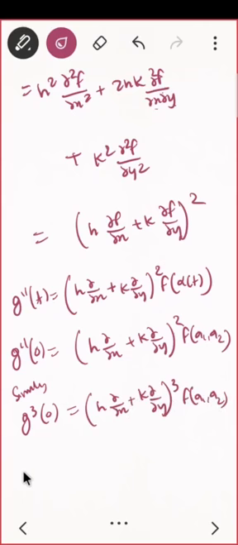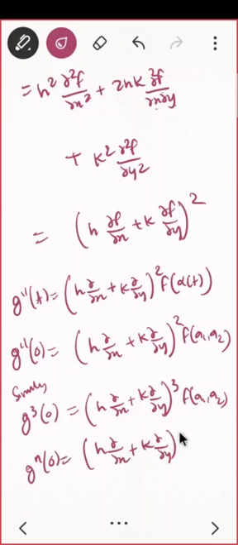And g nth derivative at 0 will be (h ∂/∂x + k ∂/∂y) raised to n f(e1, e2). Correct? And the n plus 1 term we will get similarly.